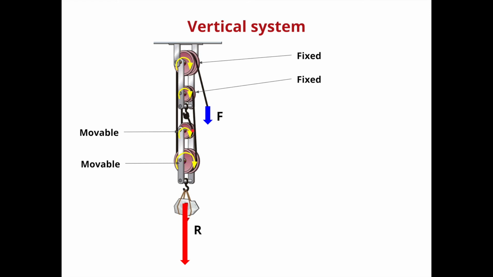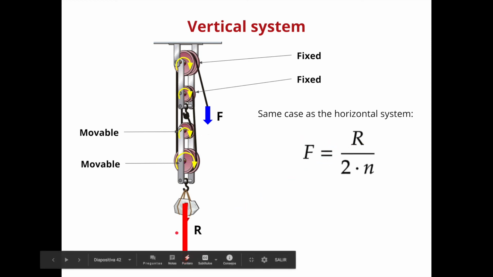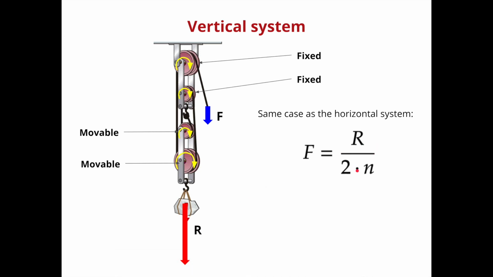So we have two fixed pulleys and two movable pulleys. Same case as the horizontal system. F, the force, is going to be equal to the resistance divided by 2 times N, being N the number of movable pulleys, in this case 2. And we calculate the distance with the equation we've seen.